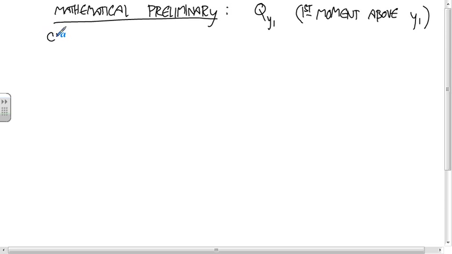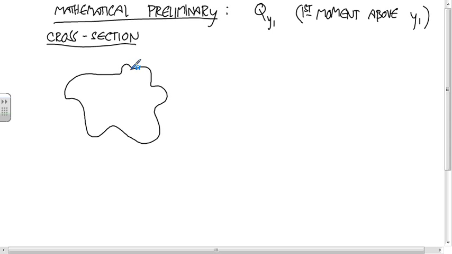And the way you calculate this is if you look at the cross section, so for any arbitrary cross section, this isn't one that we could calculate the shear stress for, but the neutral axis is somewhere. And if our line y1 is here, then this is the value y1.